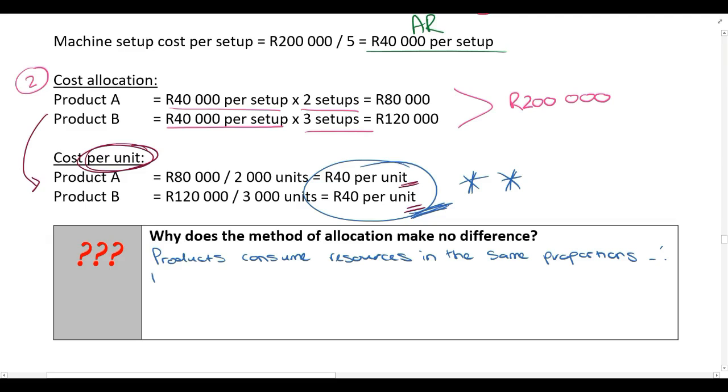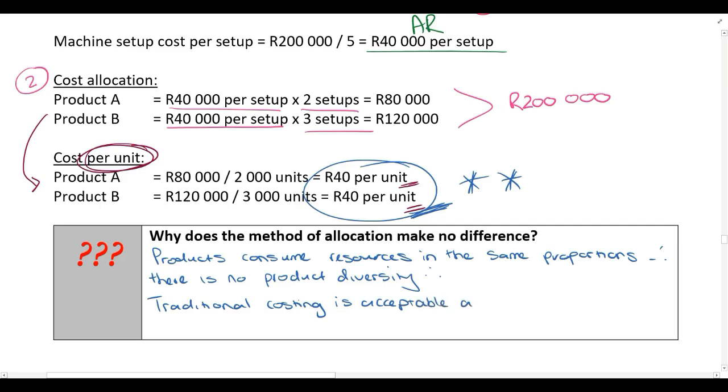Therefore, there is no product diversity. Which means traditional costing is therefore acceptable as cost distortion does not occur.